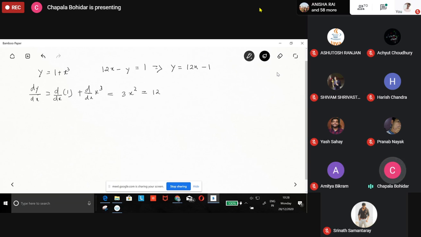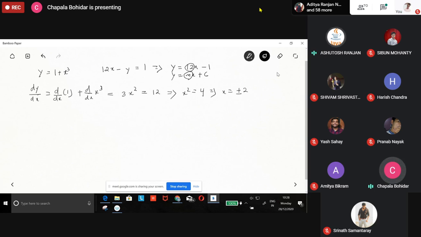This is y is equal to mx plus c, so the value of m is 12. So 3x square is equal to 12, which implies x square is equal to 4, which implies x is equal to plus or minus 2. All of you clear?